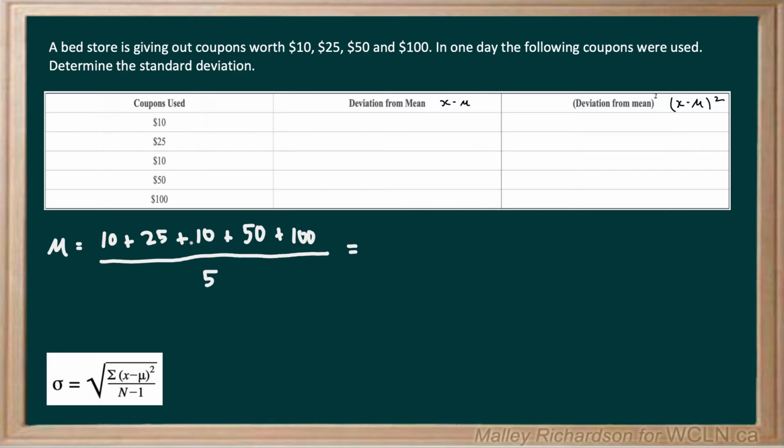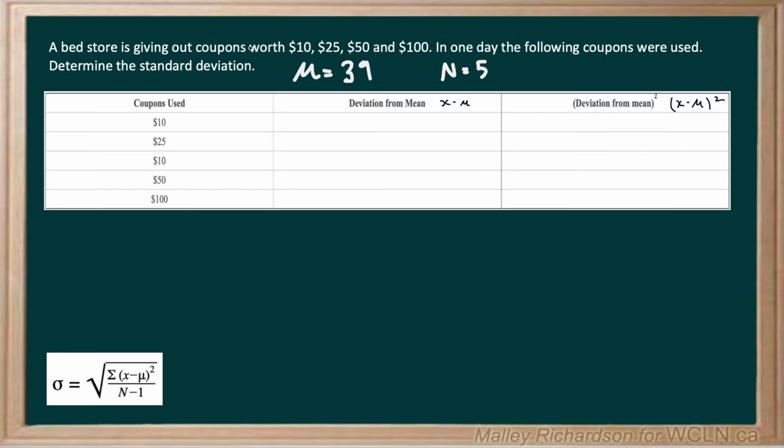And 10 plus 25 plus 10 plus 50 plus 100 is 195, all divided by 5, to give us a mean of 39. So up top, we'll write our mean is 39. And we also want to find n, which is the total number of coupons used. We know there are 5 coupons, so n equals 5.